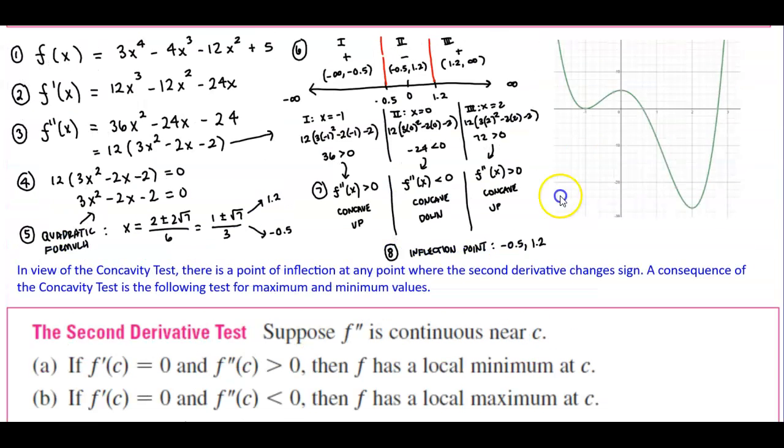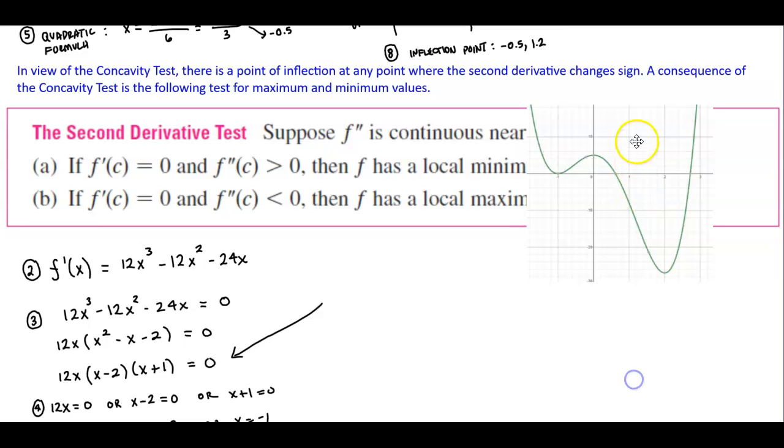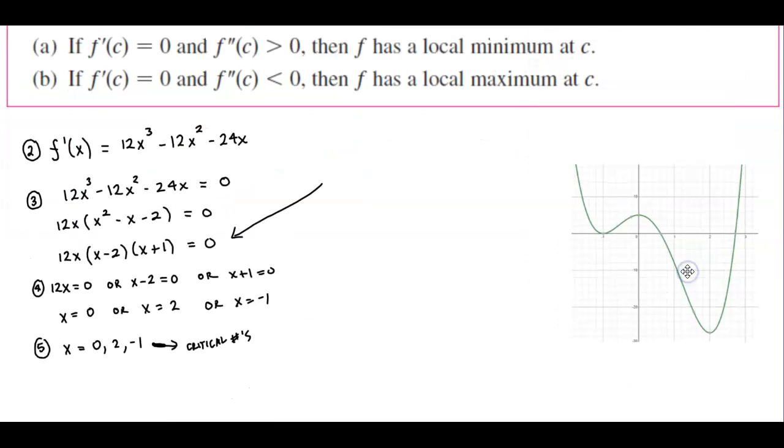Also let's keep in mind that our graph shows our critical numbers. So here we have a critical number at -1, another critical number at 0, and another critical number at 2.